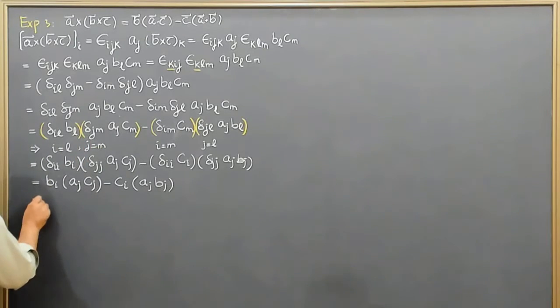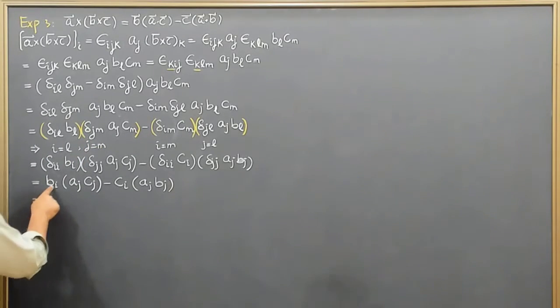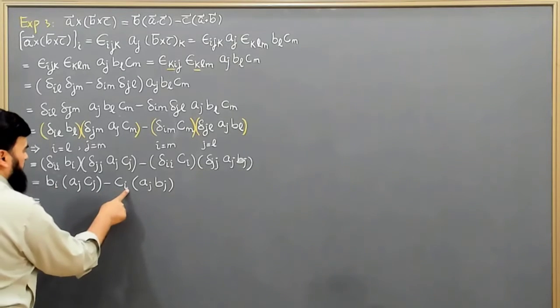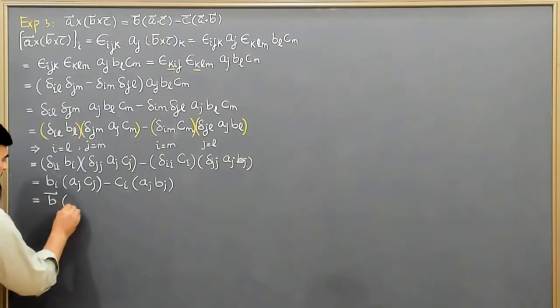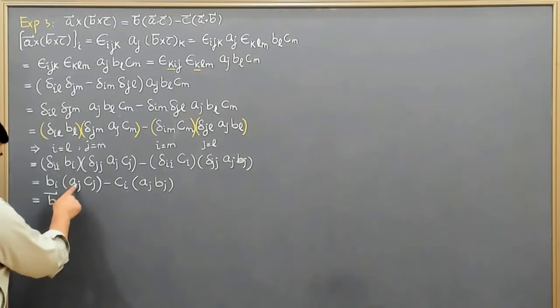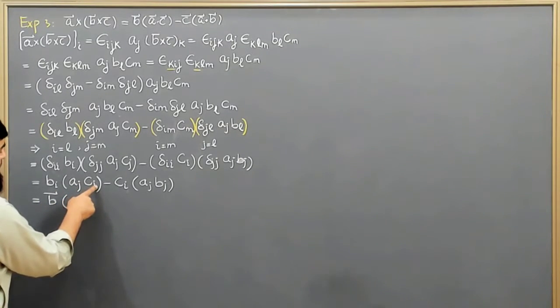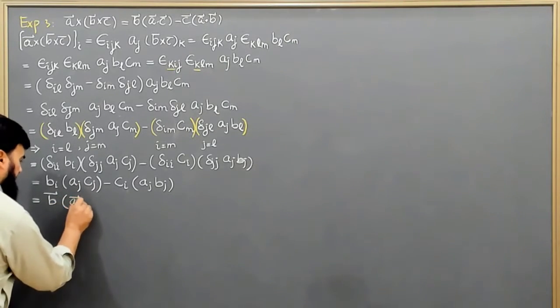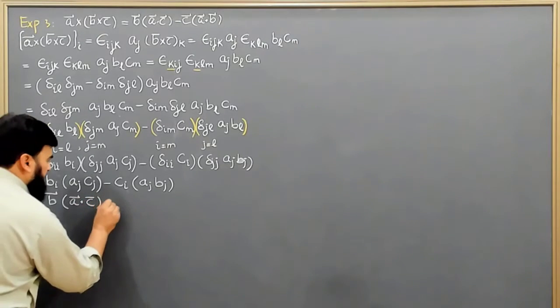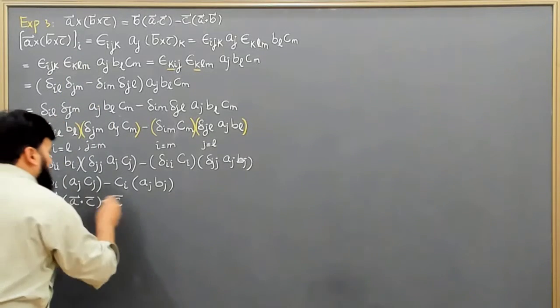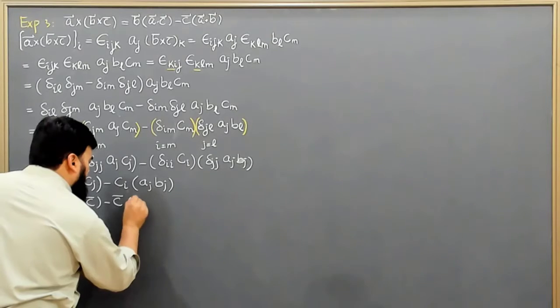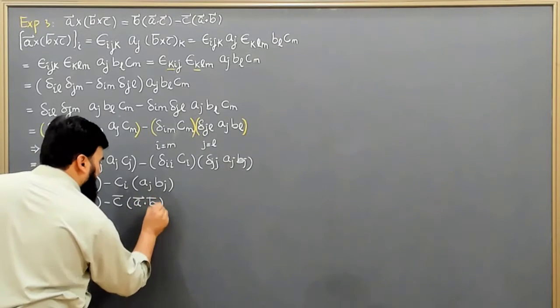Now, as I am considering the ith component, this B is B_i and C is C_i. So if I write them as a vector, then this is the B vector. And if I look at this one, this is the j component and this is the j component, which means this is a dot product between A and C. So this is A dot C, minus this C vector, because we are proving the ith component, and this is A dot B here.